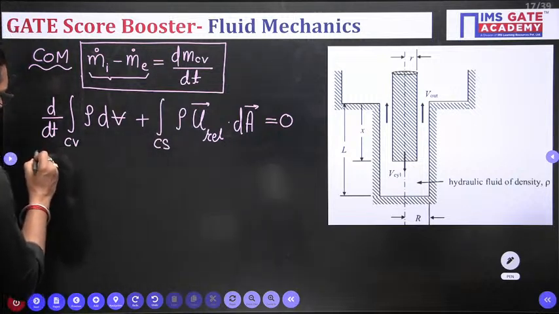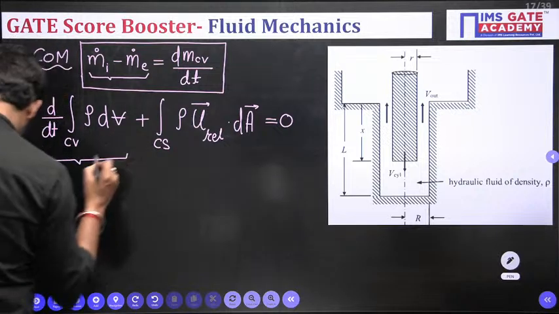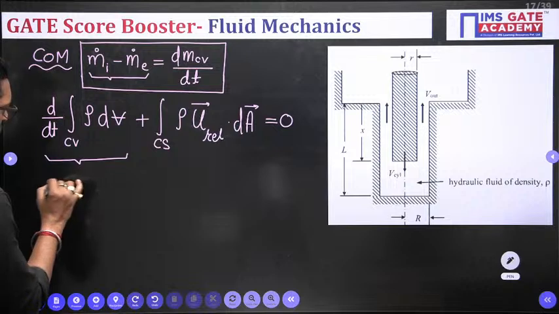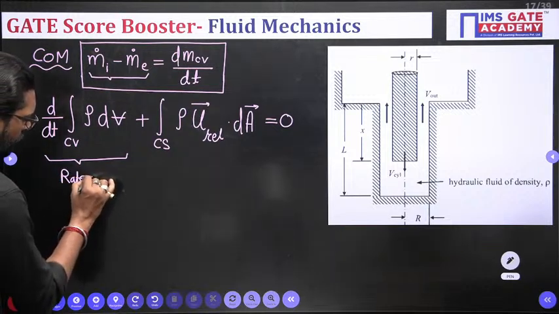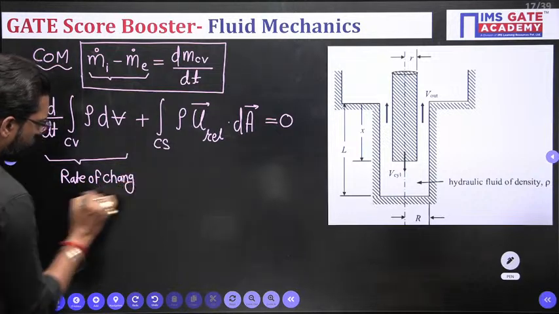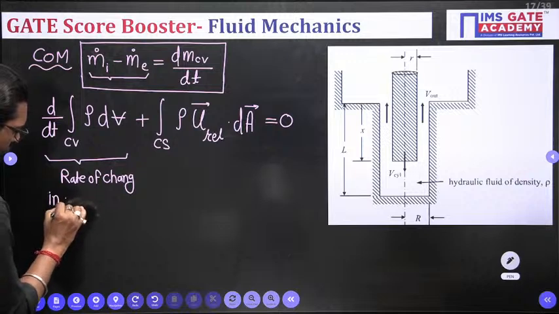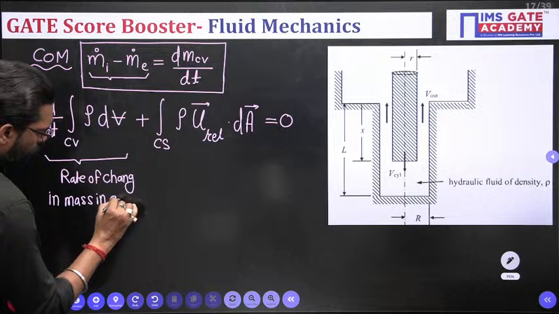And what is this? This is your rate of change of mass inside the control volume, the rate of change in mass in the control volume.